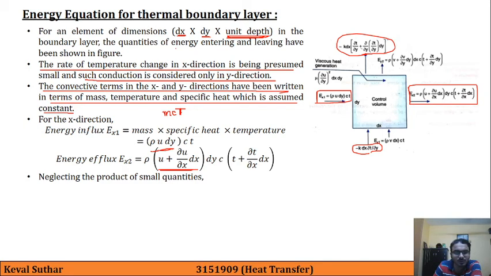Neglecting the product of small quantities. Now what is the meaning of this? We are going to neglect a few terms.